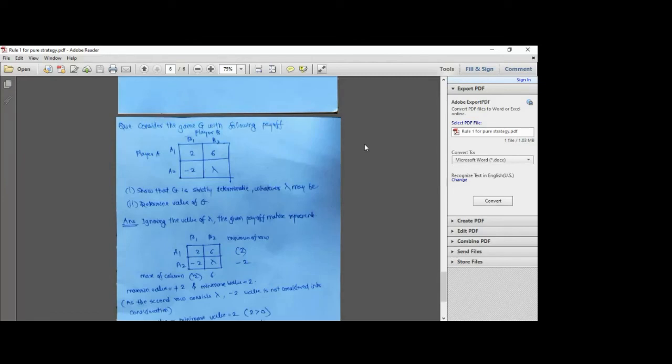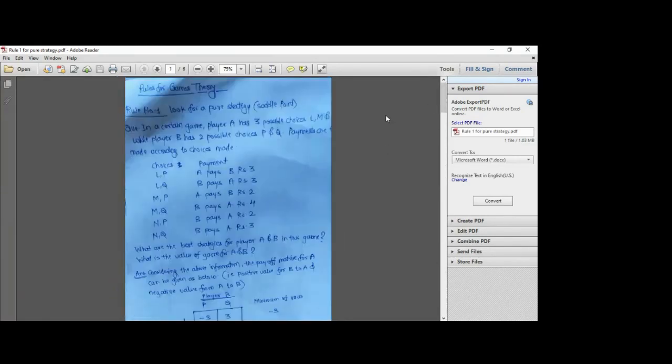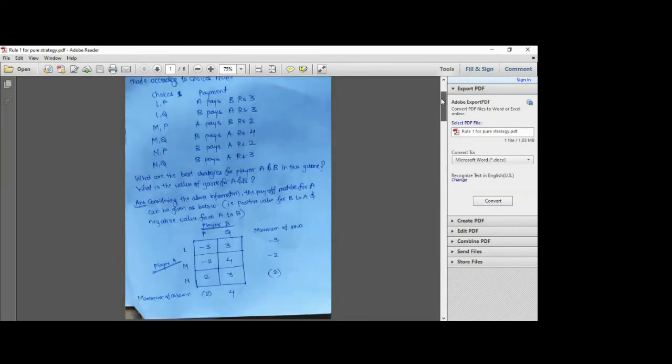We have a very limited syllabus for game theory, and only that I am taking. This is how the numericals are asked regarding identification of the saddle point, whether there is a pure strategy or not, or whether it is strictly determinable or not. All right.